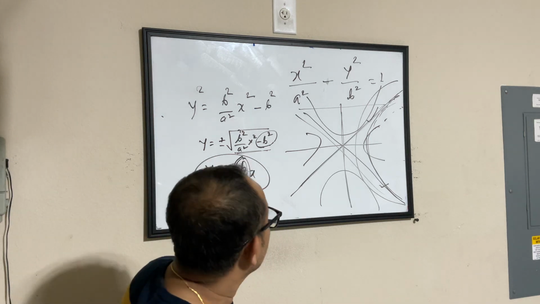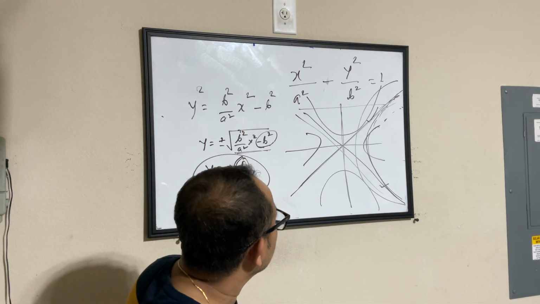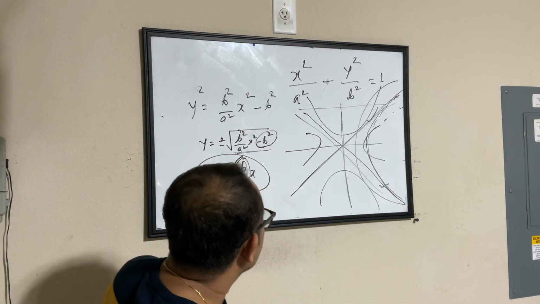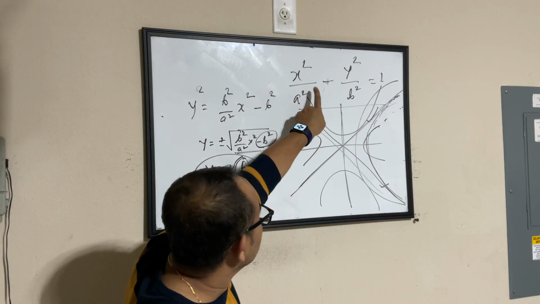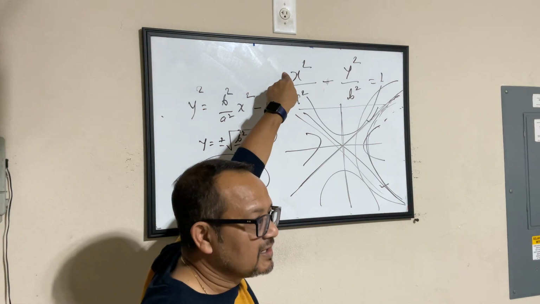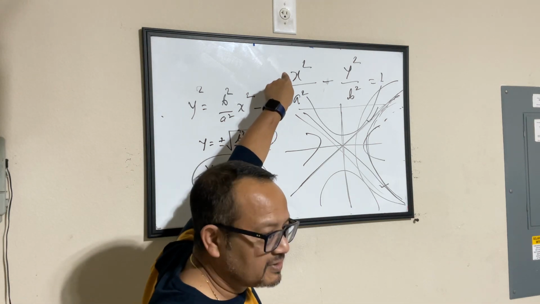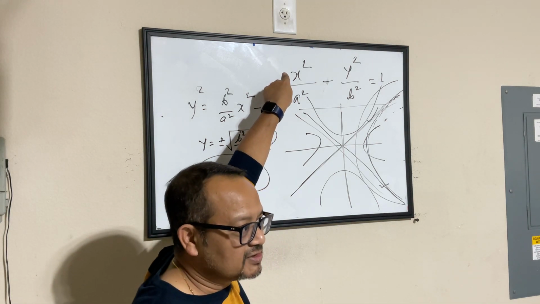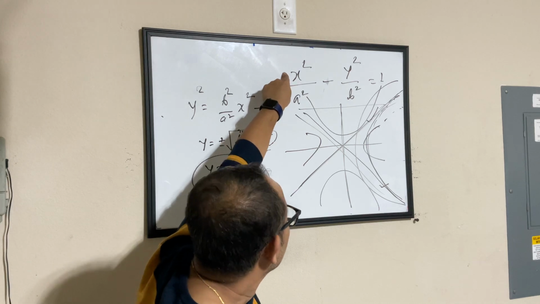Now you will tell me, how do we get that? The second situation is when my hyperbola is facing sideways, my x term is positive, and you will tell me why so. We will come to that also.